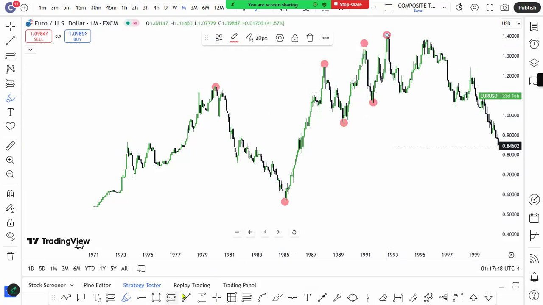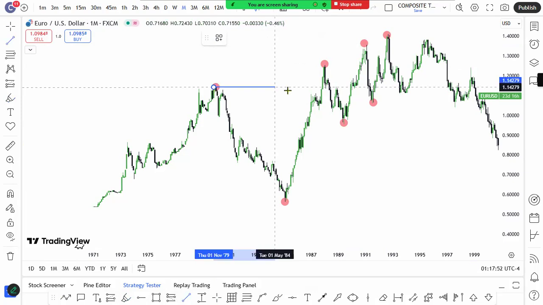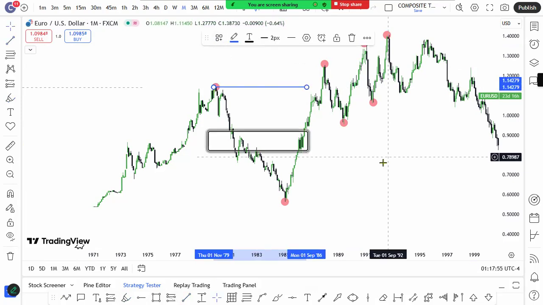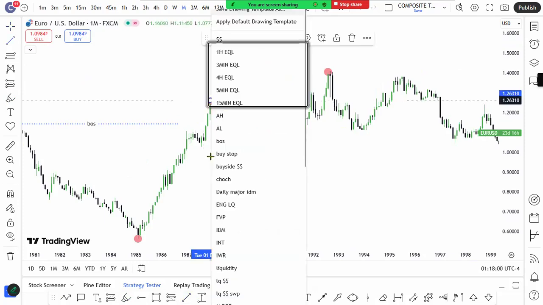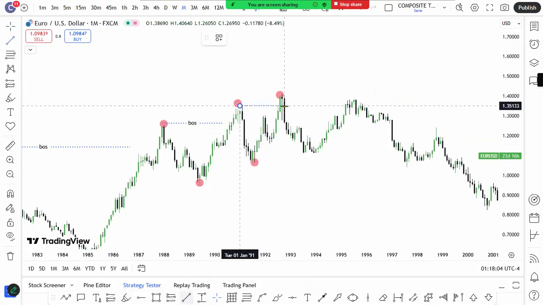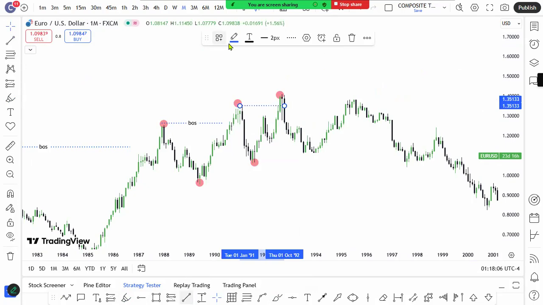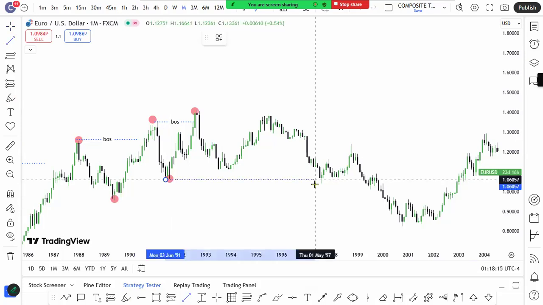Right, so we can actually see the market has broken the structure. Break of structure here. Another break of structure here. And here we have the protected low being broken to indicate our change of character.